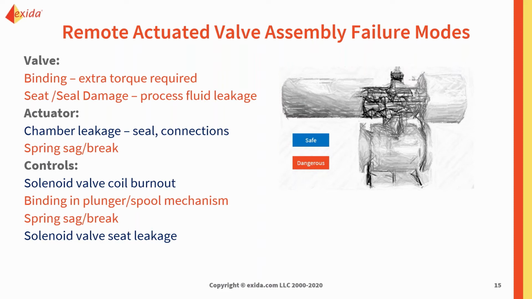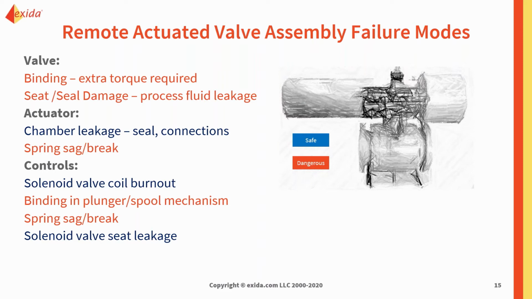And with the actuator, we know that maintaining pressure on the piston prevents the spring from closing the valve. So if we have chamber leakage through the seals and connections, we would consider that a safe failure. But if we have a spring break or spring sag, in which case the valve doesn't close, then we have a dangerous failure.